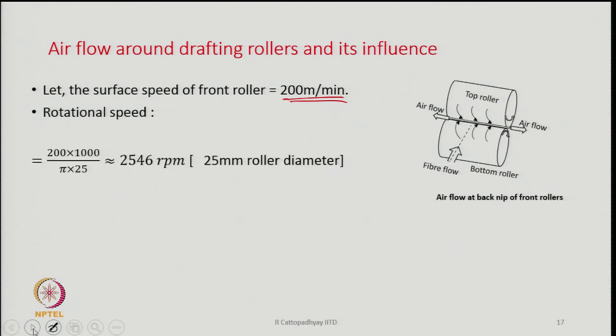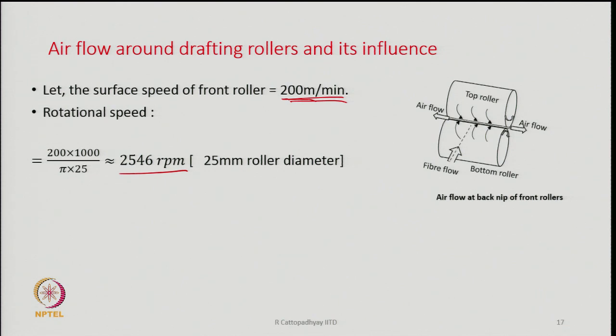Now, the rotational speed of the roller in this case is going to be 2500 rpm. So, the front roller will be rotating at a speed of 2500 rpm if it is producing at the rate of 200 meters per minute. So, the roller speed is extremely high, almost 10 times the speed of the front roller in a ring spinning drafting system.